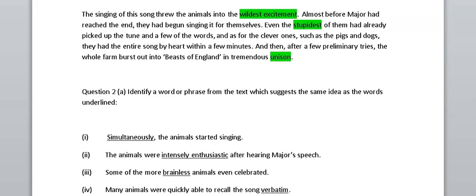Time's up. Now, the answer is by heart. Knowing something or recalling something by heart means you have memorized it word for word.